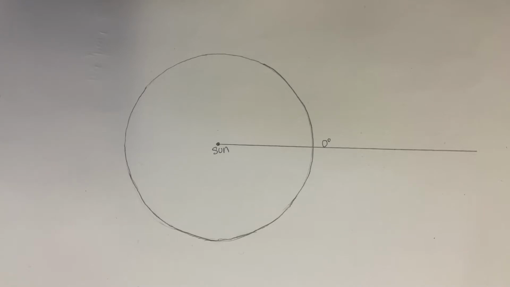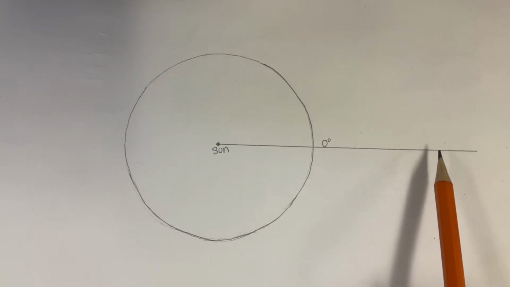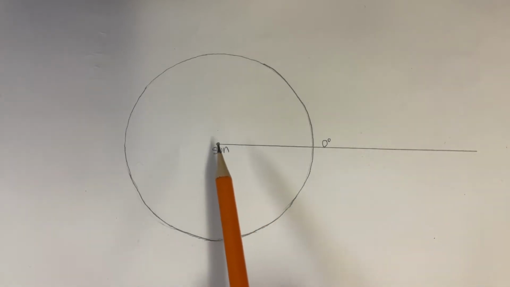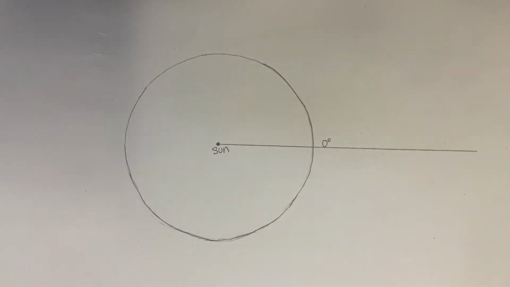You should have a 5-centimeter circle that represents Earth's orbit around the sun, and then you should also have a straight line off to the right off of your sun that is labeled 0 degrees.